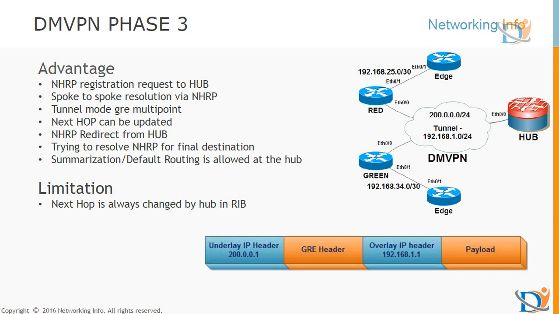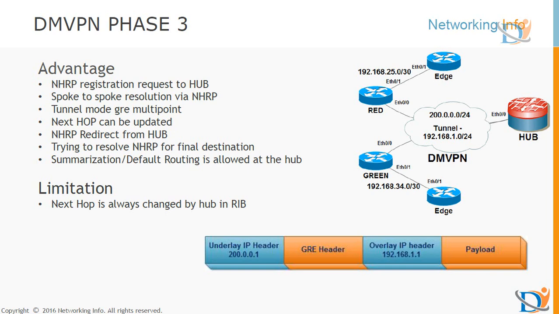But what remedies we have in DMVPN Phase 3: there are two types of messages included in Phase 3. One is the NHRP redirect, the second is the NHRP shortcut message. The redirect message is generally generated by the hub to tell all the spokes you may have a better path for another spoke, or for your destination, instead of sending packets to me.